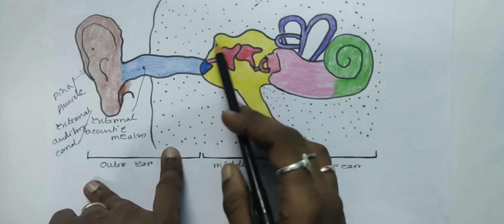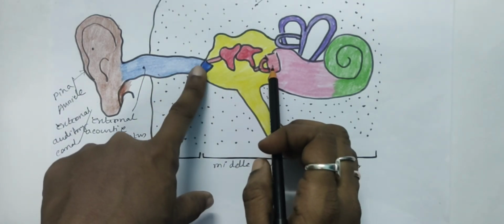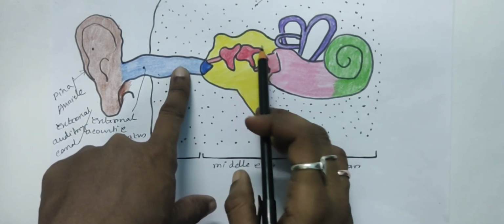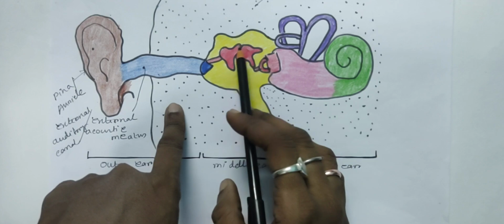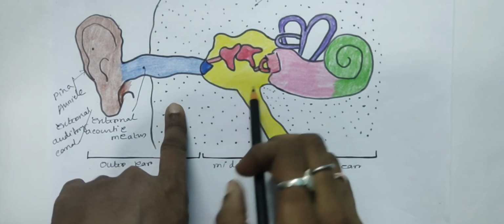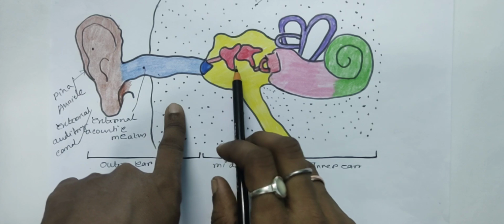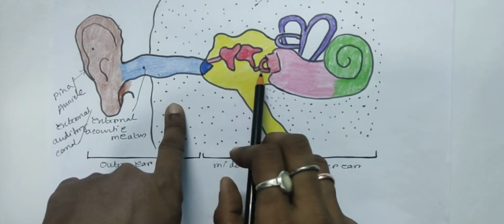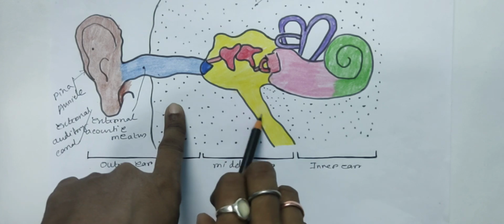This part is the middle ear. This cavity is called the tympanic cavity. The main components of the middle ear are the ear ossicles, auditory muscles and the eustachian tube.